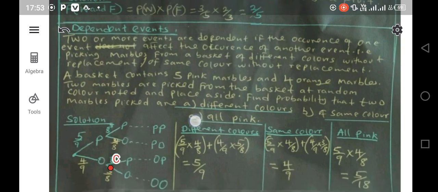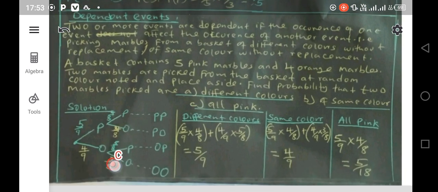Now, the probability of picking the second orange marble after the first one is 4 minus 1, which remains 3, over the sample space of 8, so 3 over 8. Whenever you add the fractions of this branch, you must get 1. Then note down the colors picked: pink, pink; pink, orange; orange, pink; orange, orange.